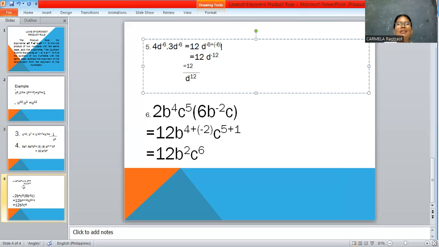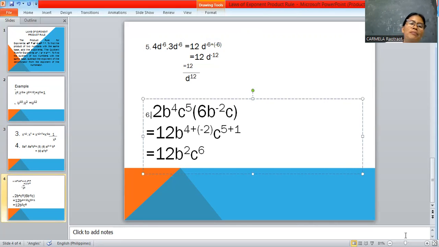Right? You are adding both negatives. So you are going to copy the sign and simply add. So that is 12d raised to the power of negative 12. Okay, so we make it positive by moving d raised to the power of negative 12 to the denominator. So therefore, your answer is 12 over d raised to the power of 12.